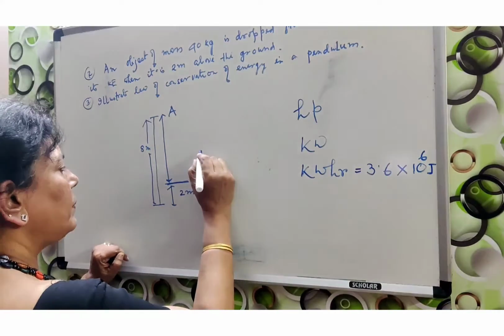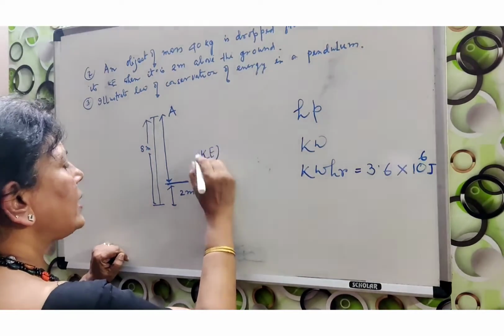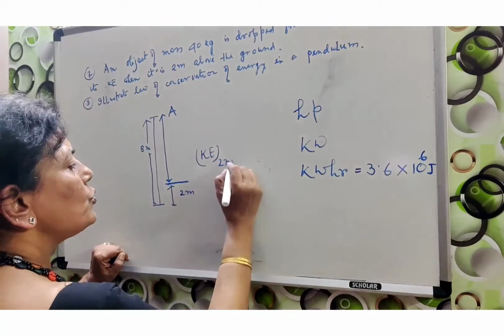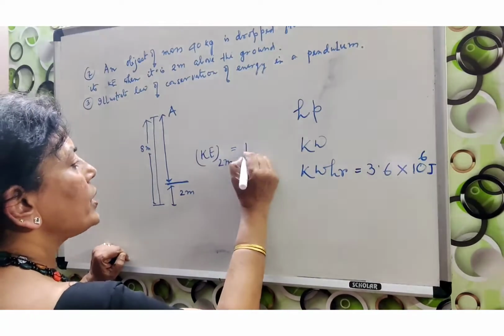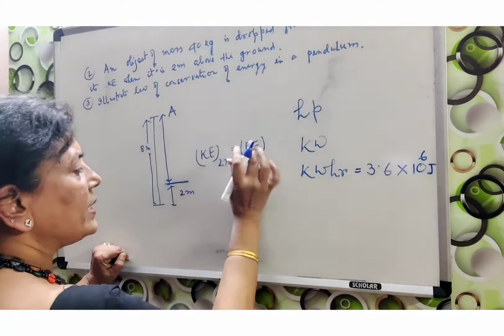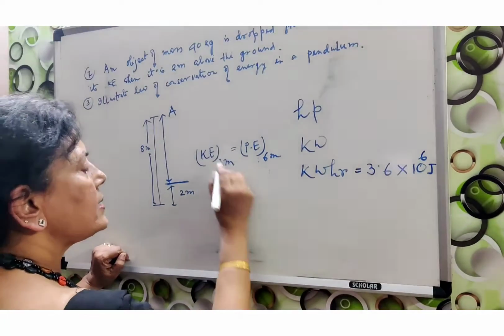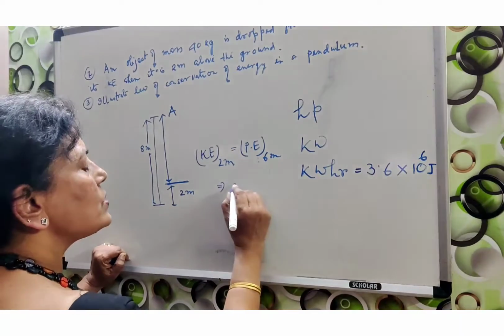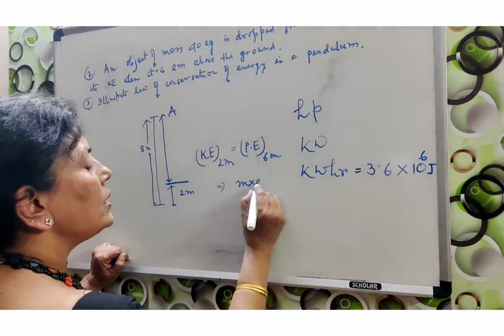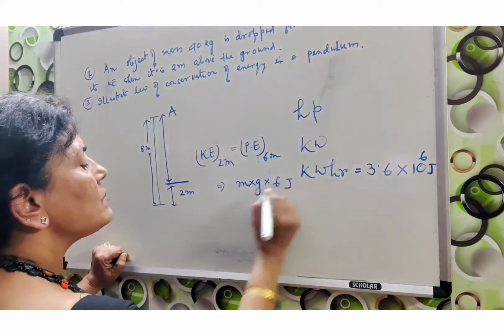So we can say kinetic energy 2 meter above the ground is equal to the decrease in potential energy due to 6 meter. That implies kinetic energy at 2 meter above the ground is equal to m into g into 6 joule.